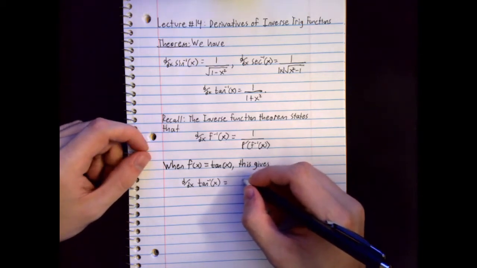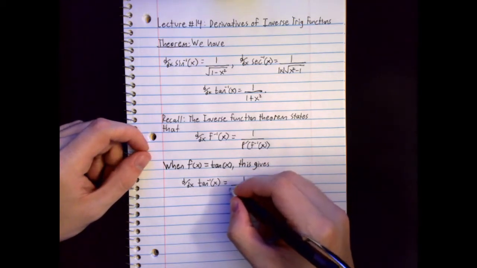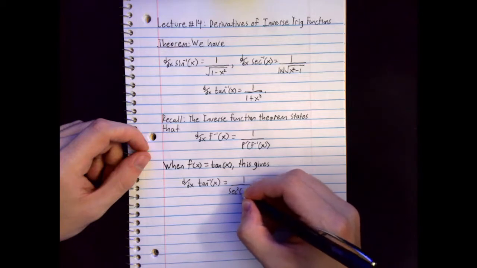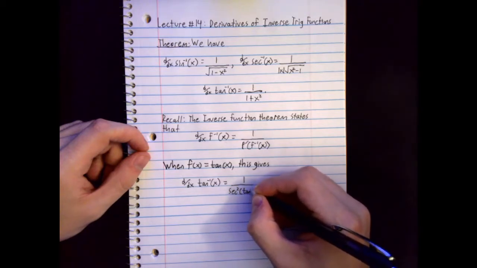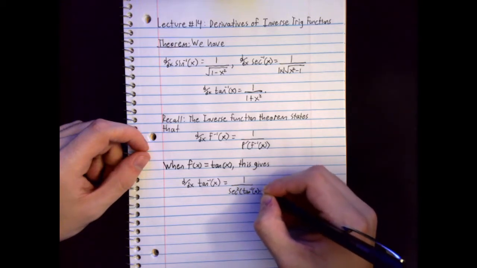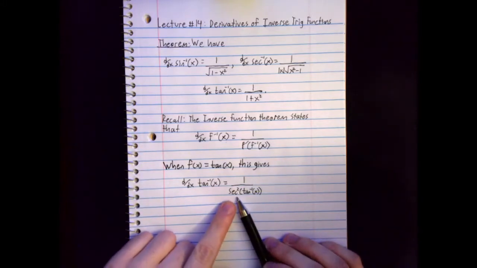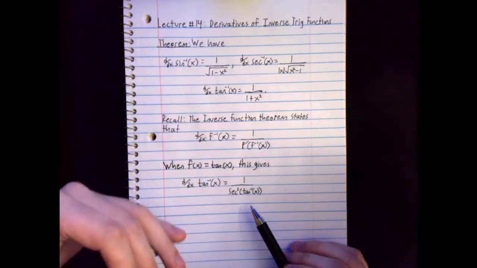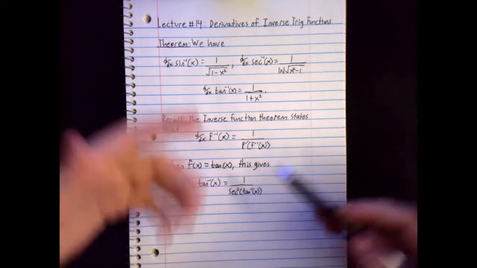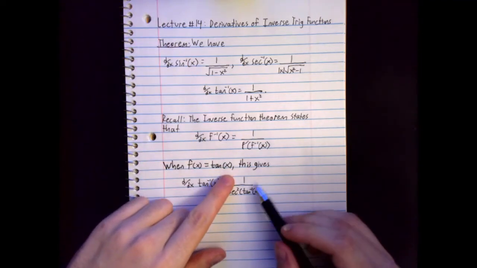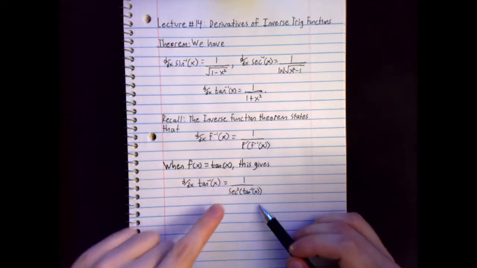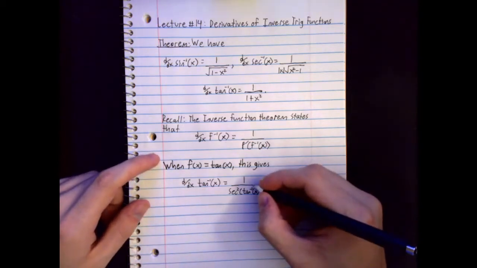So this is going to give 1 divided by secant squared of tangent inverse of x. And now recall, secant is 1 divided by cosine, and so what we really have is 1 over cosine squared of tangent inverse of x.